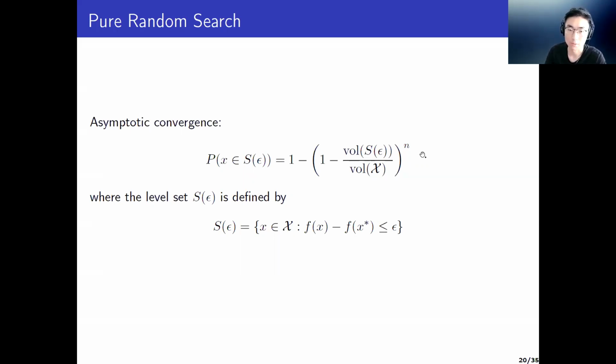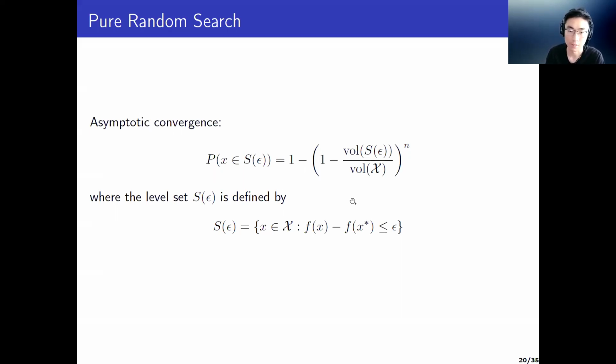However, pure random search has drawbacks. If the volume of the level set S is much smaller than the volume of the feasible region, which means that this term in the bracket is close to 1, then it takes many samples to find a solution with high probability. And secondly, it is not clear when to stop the algorithm because in practice, we do not know whether or when we hit the level set.